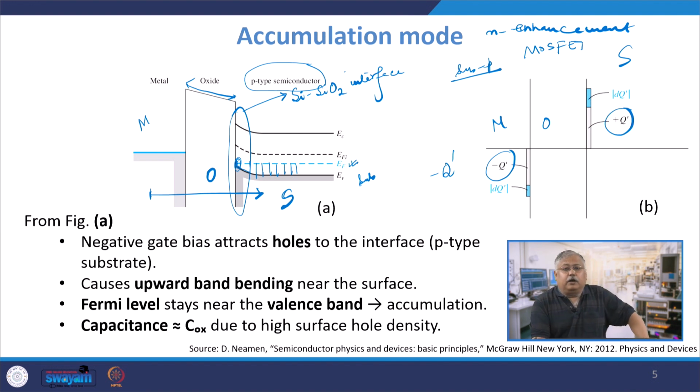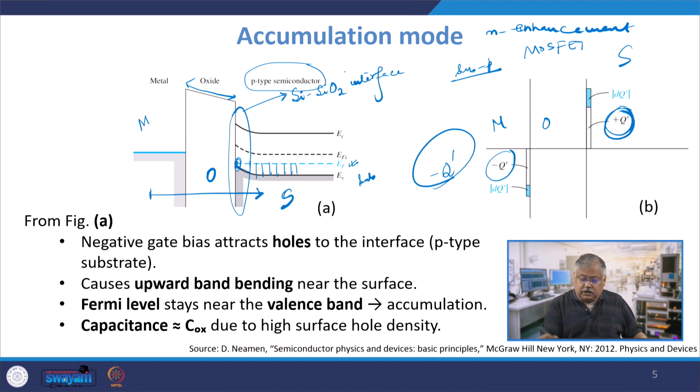Please understand, we are not adding any extra charges, and therefore, the charge neutrality can never be destroyed. So, if I am using a minus Q charge here, I should get a plus Q charge on the right hand side. And then this small blue part of the curve is the one which you add by virtue of adding an extra AC signal to it, because of which you get an extra dQ prime here, right. dQ prime is charge per unit area. When you apply a prime, it basically means charge per unit area, right.